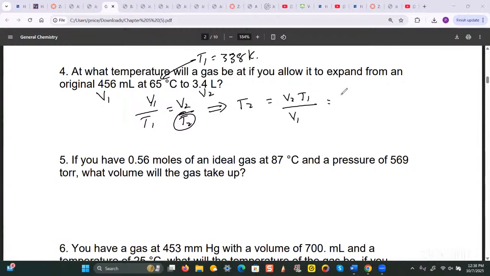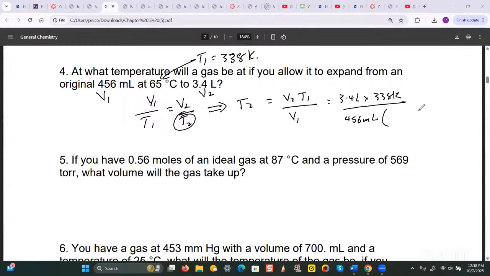So we put the numbers in. V2 is 3.4 liters, times T1, which is 338 Kelvin, divided by V1, which is 456 mL. But here we have a situation where V2 is in liters and V1 is in milliliters. So what do we need to do? We have to convert it. You can convert either the liter value to milliliters or vice versa.